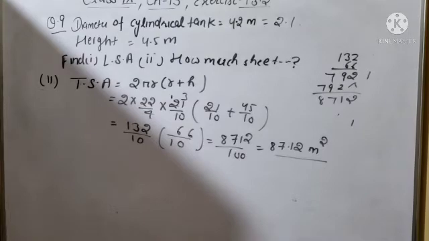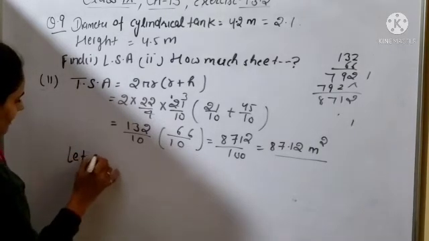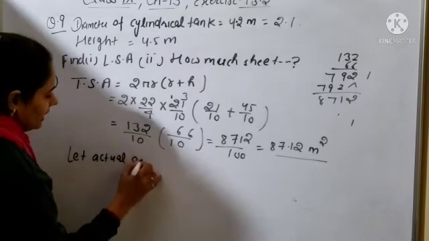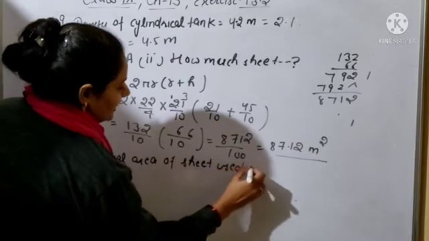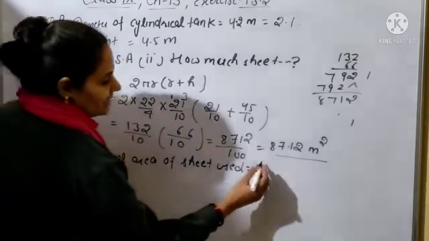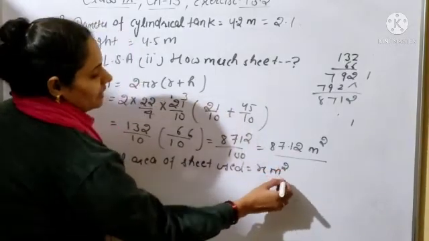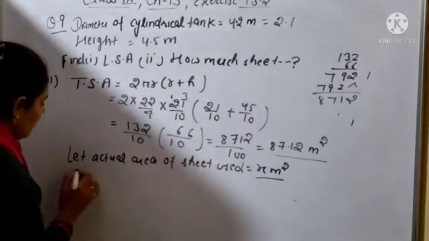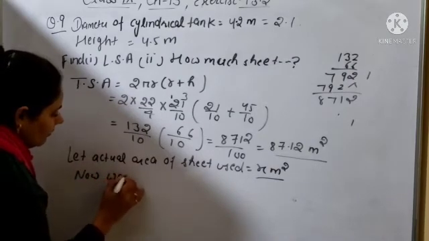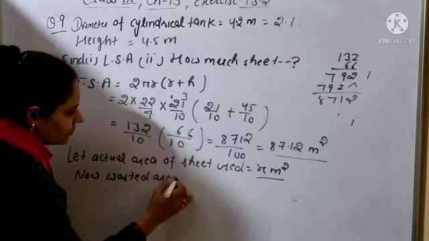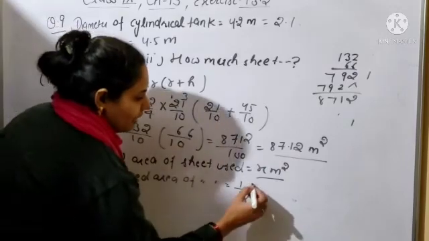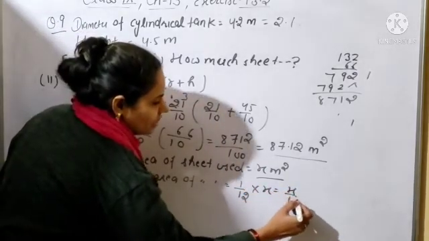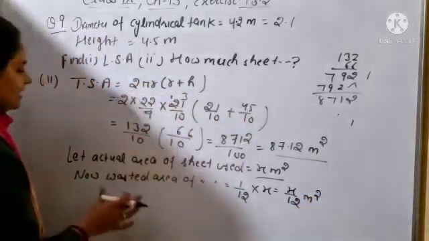So first of all you will write, let the actual area of sheet used be x meter square. You are assuming this is x meter square. Now the wasted area of sheet will be 1/12 of the area used. So 1/12 into x, it will be x by 12 meter square. This is the wasted area.